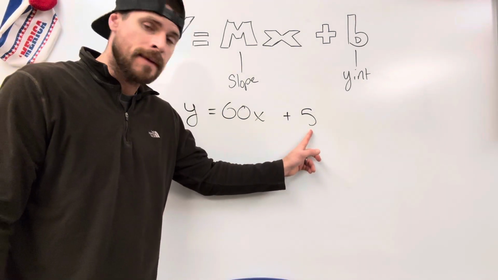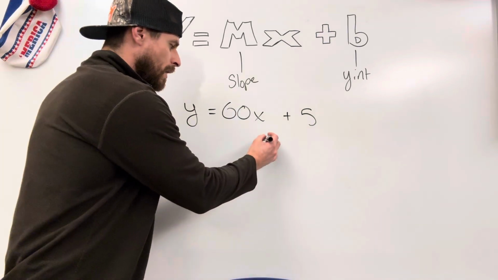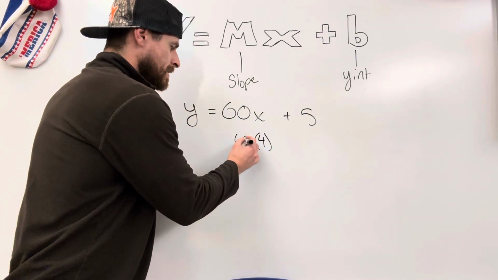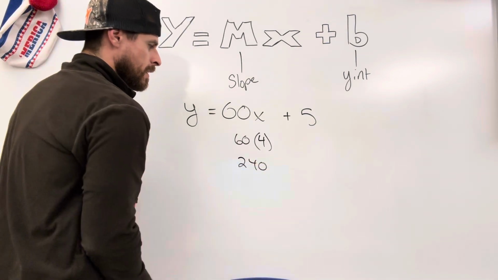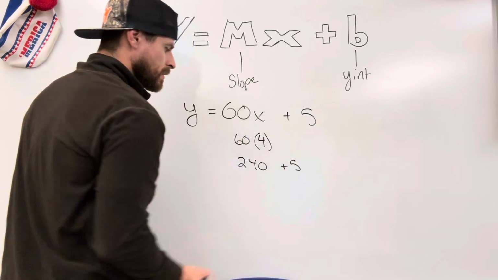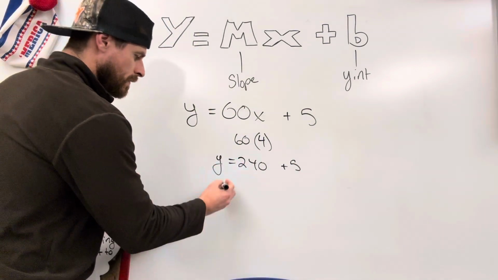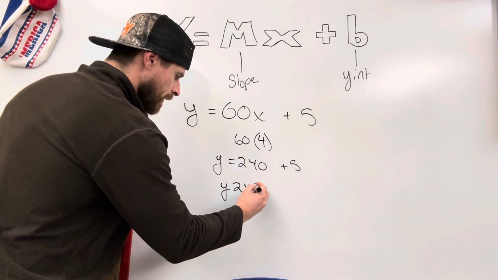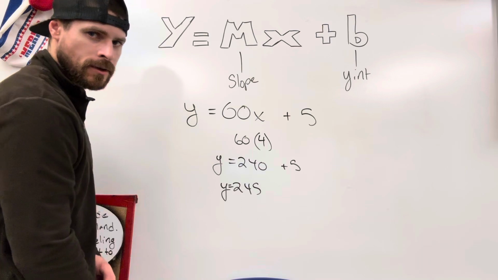I've already gone 5 miles, so that's already done. But then let's say we've traveled for 4 hours, 60 times 4 is gonna be 240. Don't forget we already had traveled 5 miles before we started going 60. So in total, we've gone 245 miles over a span of 4 hours, okay?